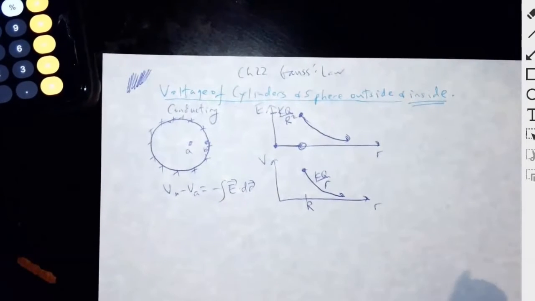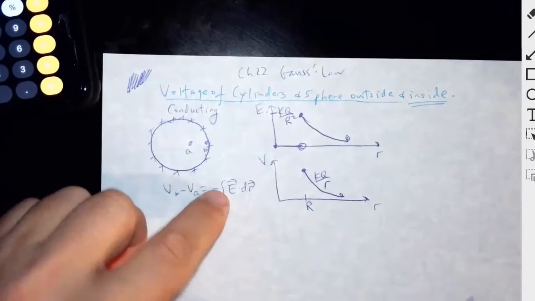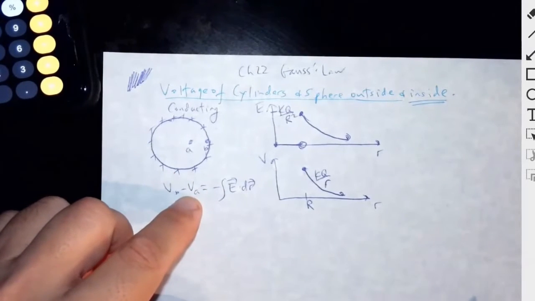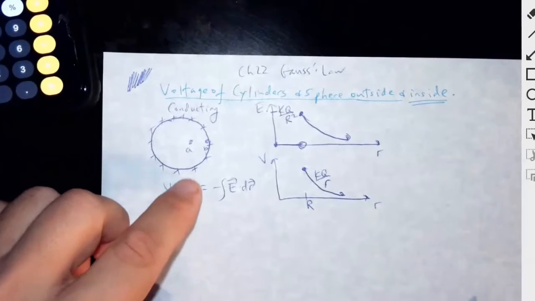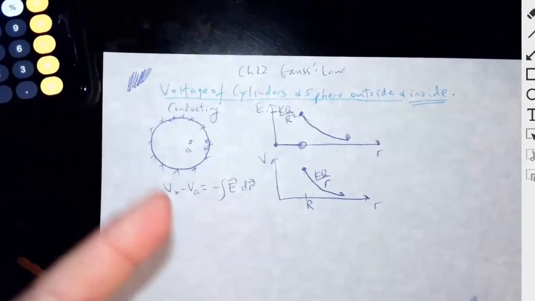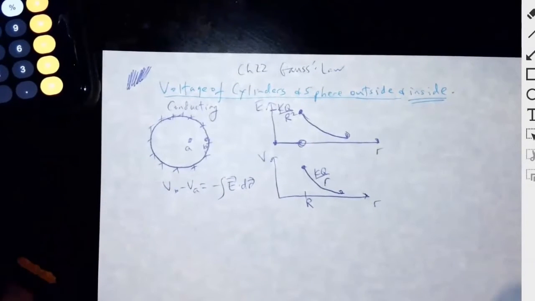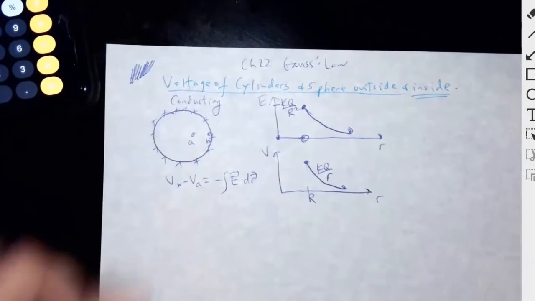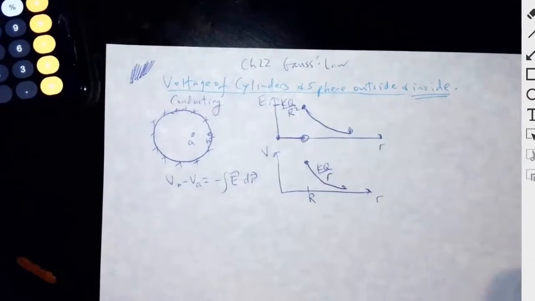In this case the opposite is true. Usually I've been telling you it's easier to get the voltage of rods, semicircles, rings, or plates and then differentiate them. But inside spheres and cylinders, use the opposite technique.